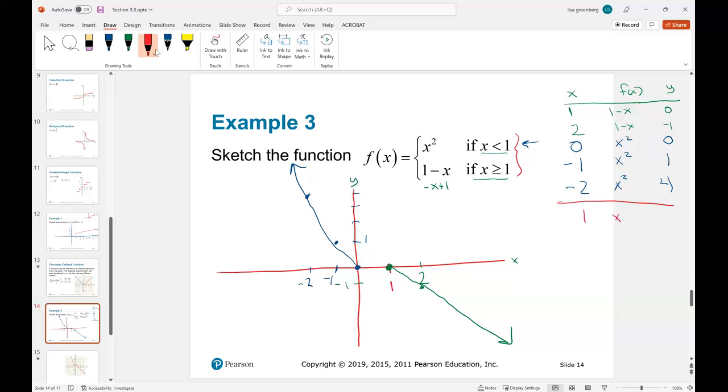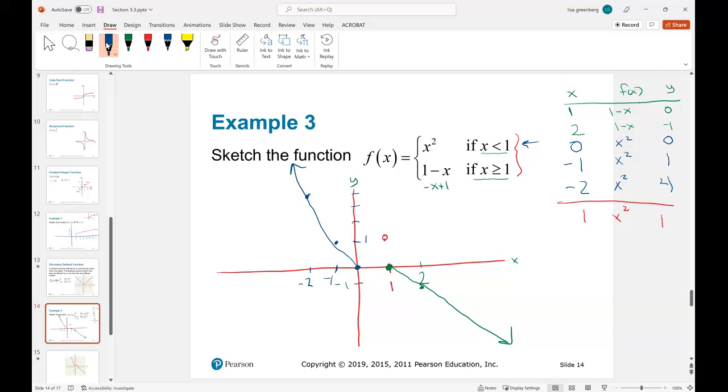And this time I'm going to plug it into x squared. And when I do, I see that it's going to equal 1. So I have this point at 1, but it's not a closed circle, is it? It's going to be an open circle because it doesn't include the value at 1.